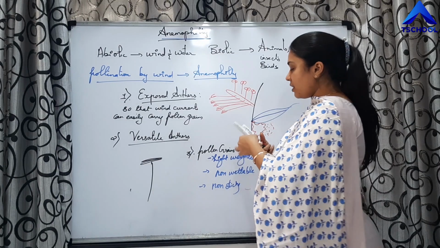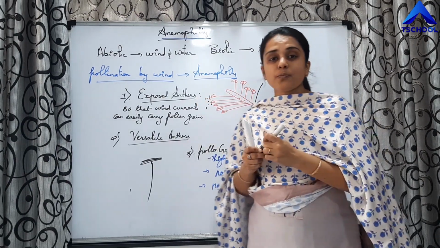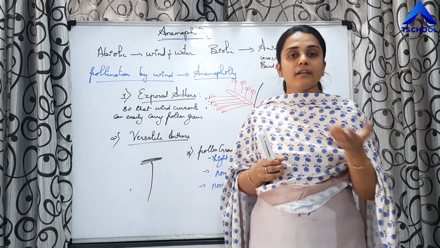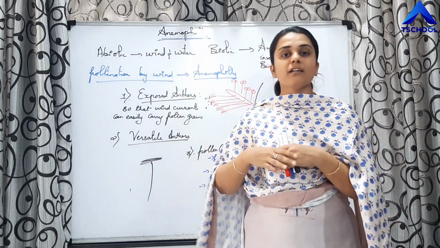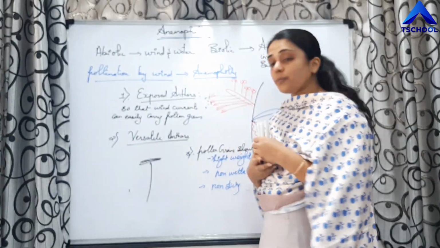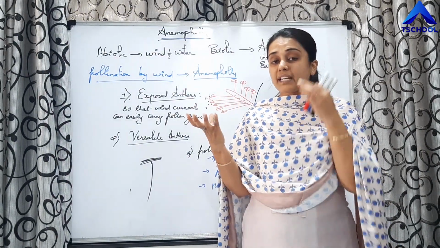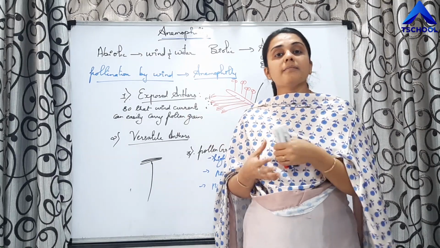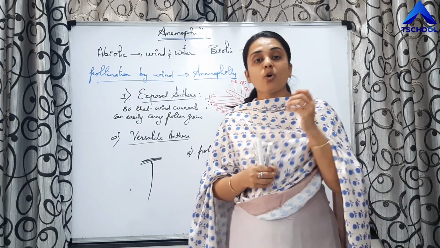So the pollen grains which are released from these anthers, say if these pollen grains are very heavy weighted, then the wind currents will not be able to take the pollen grains to the desired destination. If the pollen grains are wettable, right? So whenever the pollen grains get wetted, it again becomes heavier. So they should be non-wettable and they should be non-sticky, right?